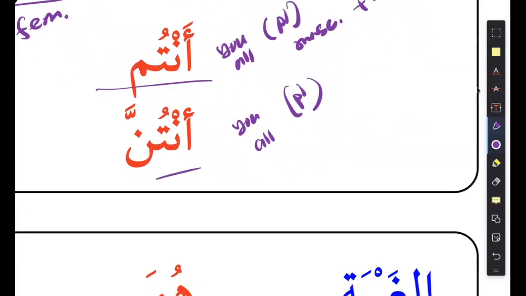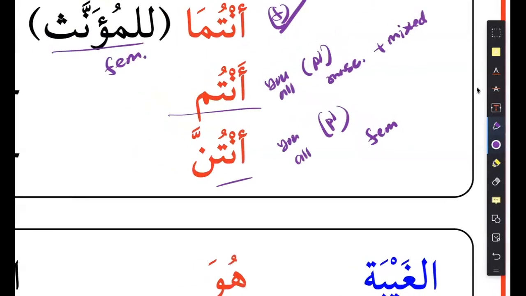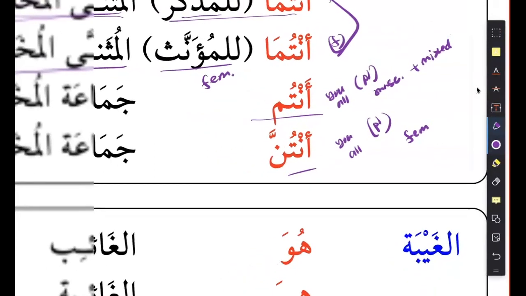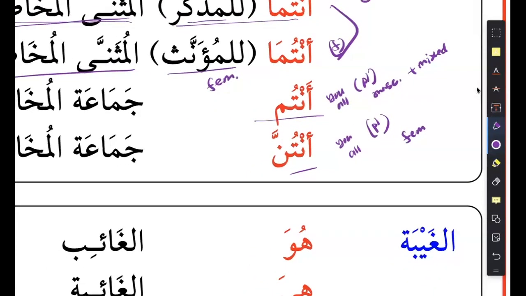Antunna is very exclusive for feminine. So if we have any single person that is not feminine, then we cannot use antunna. So we have to use antum at that time. Even if there's 10 women and one boy, we have to use antum. Antum is more broad and generic. If you don't know if there's a male or female, if there's a mix or not, you will use antum.